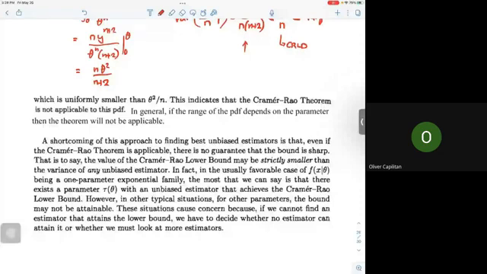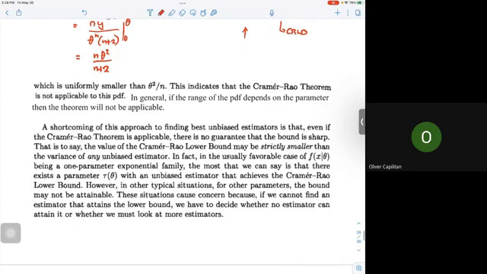So in fact, in this usually favorable case of our density being a one-parameter exponential family, the most that we can say is that there exists a function of our parameter, tau of theta, with an unbiased estimator that achieves the Cramer-Rao lower bound. However, in other typical situations for other parameters, the bound may not be attainable. These situations cause concern, because if we cannot find an estimator that attains the lower bound, we have to decide whether no estimator can attain it or whether we must look at more estimators.